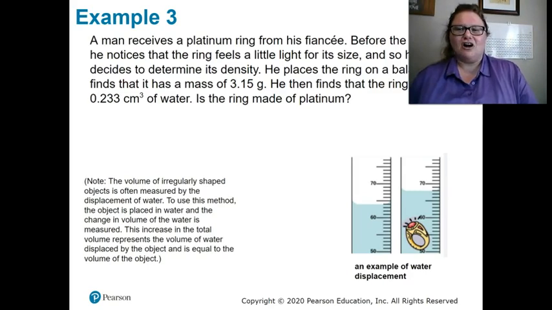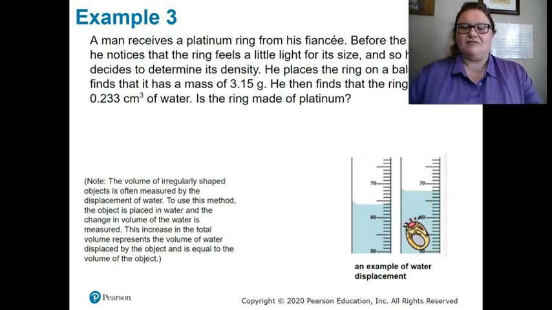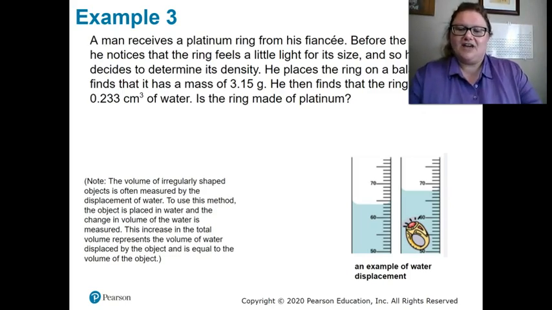But the ring is an odd shape. You can't measure it with a ruler and get length times width times height. So this is a little trick. For irregular shaped objects, you can have a volume of water that you have measured. So look at the graduated cylinder there on the left. We can see that that's 64 milliliters there. And then place your irregular shaped object, in this case the ring, into that water level.